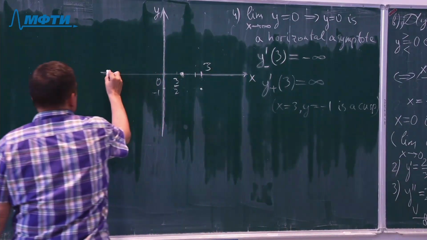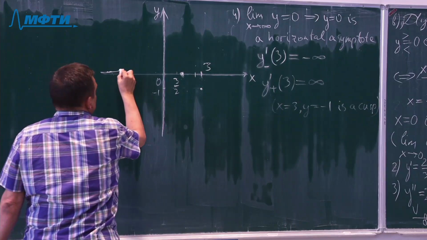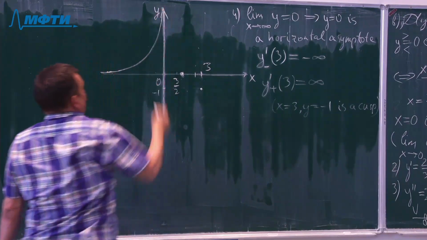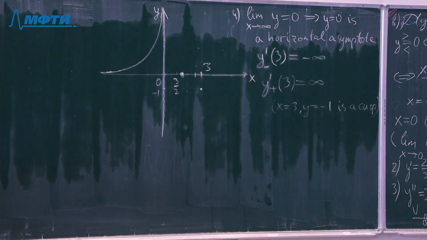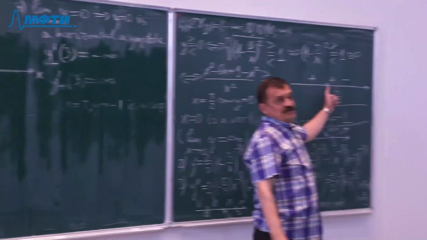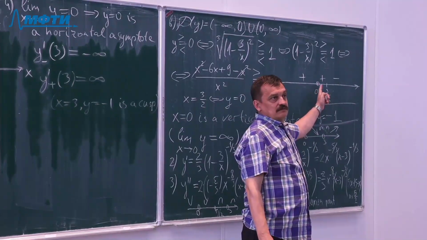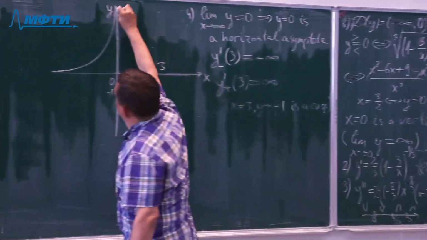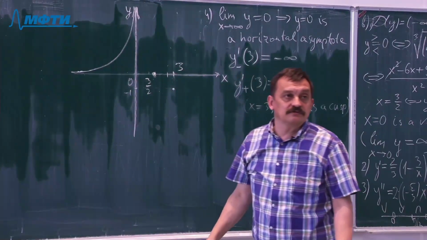After that, it increases while we approach the vertical asymptote x equals to 0, right? And we don't change sign at 0. So the function decreases from the vertical asymptote.